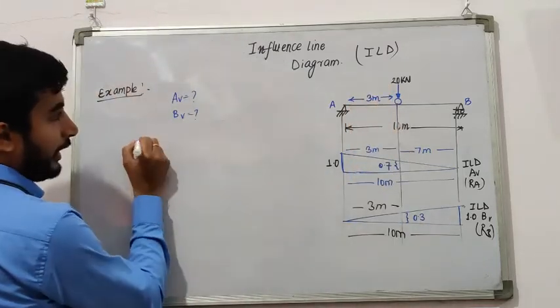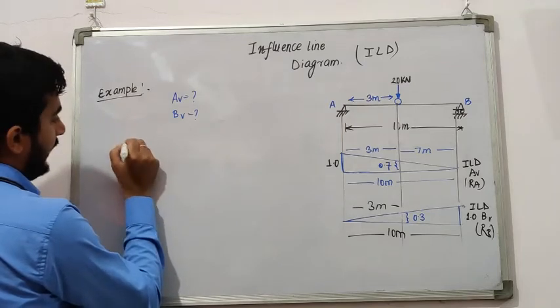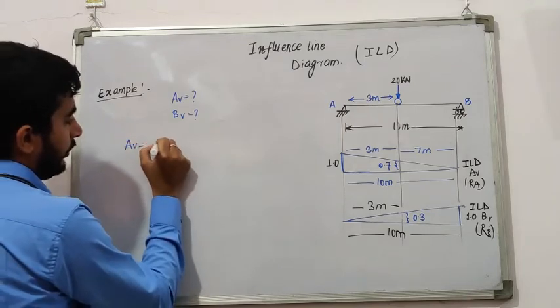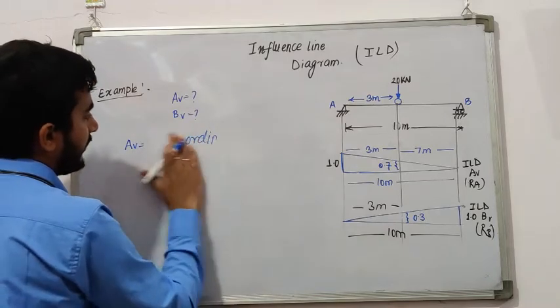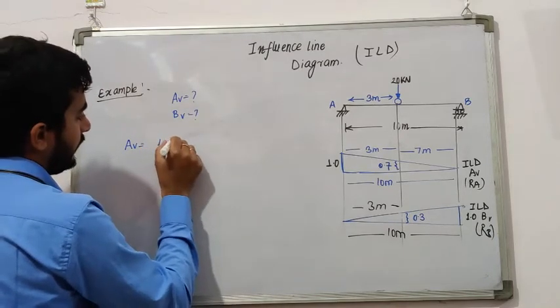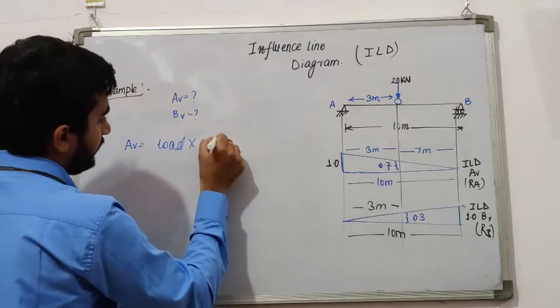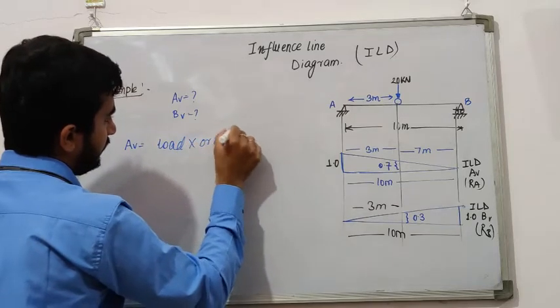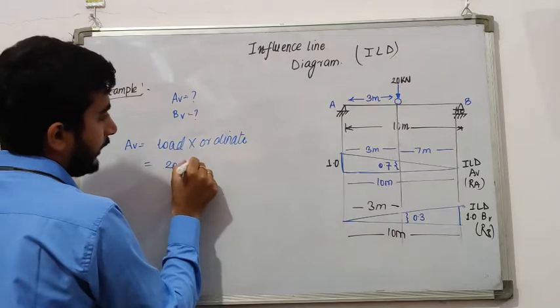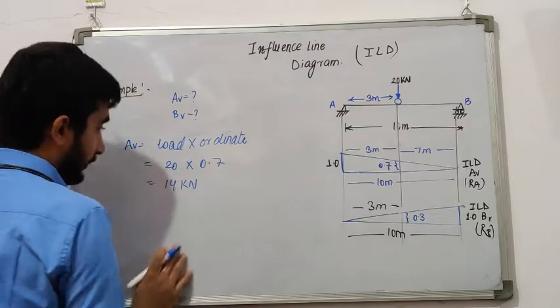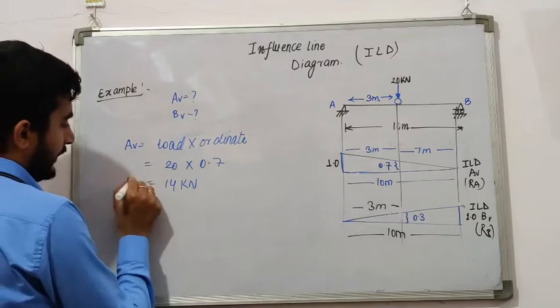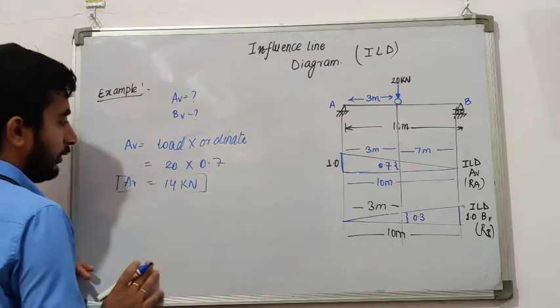If I take this load, AV will be the load 20 into the ordinate. So load is 20 and ordinate is 0.7, so this has to be 14 kilonewton. So AV is 14 kilonewton.